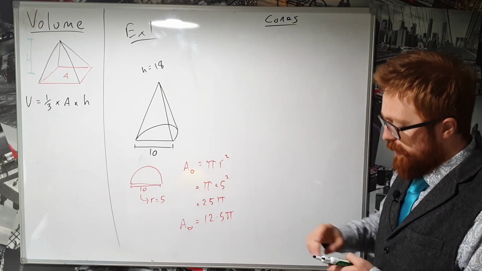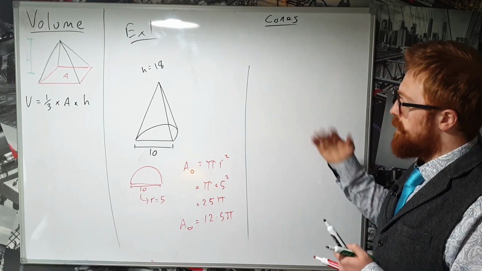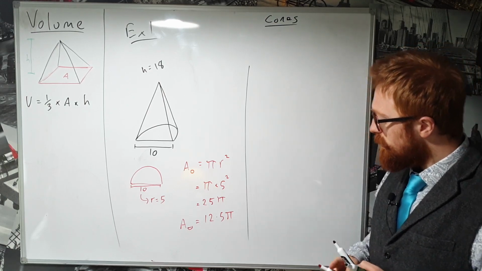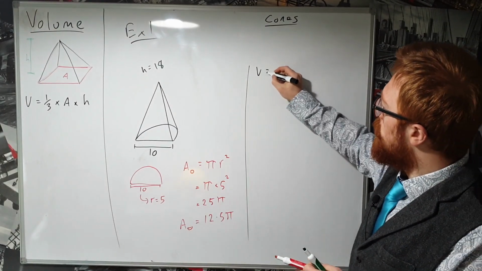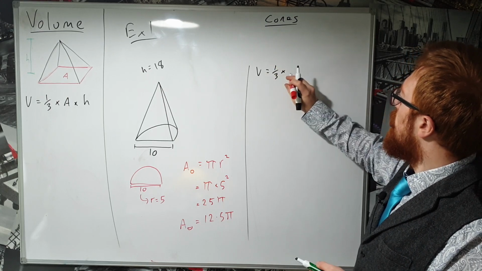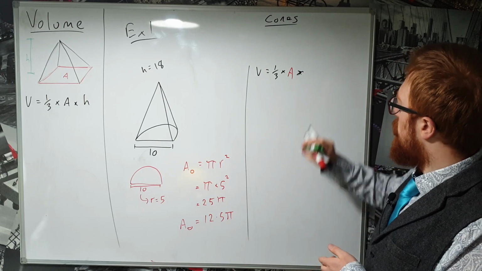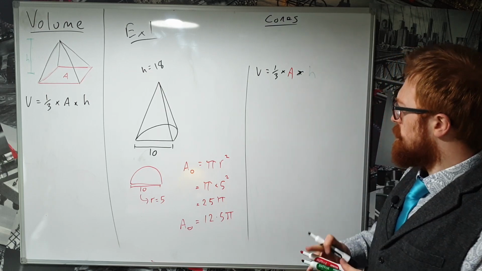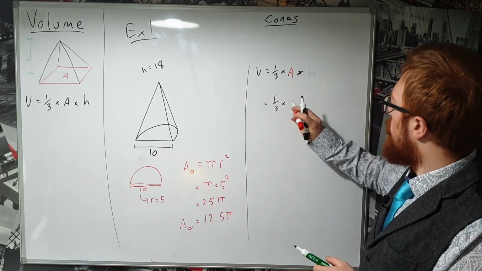Now again, for this one, I'm going to leave it in exact form until the end of the question, and then I'll do my rounding then. Okay, so let's now substitute it into this formula. So we've got the volume is equal to 1/3 times the area times our height. We've just worked out that our area is 12.5 pi.